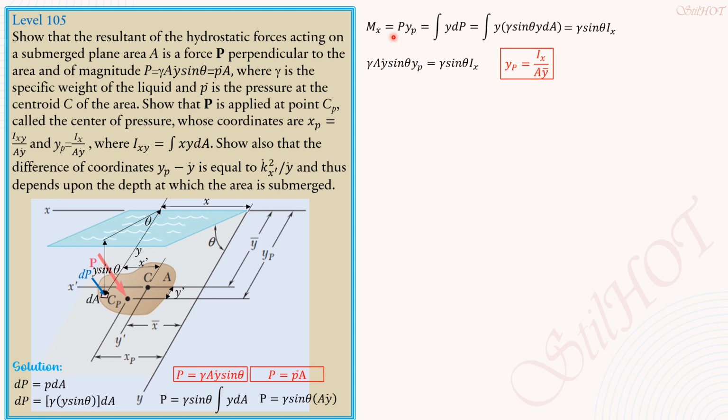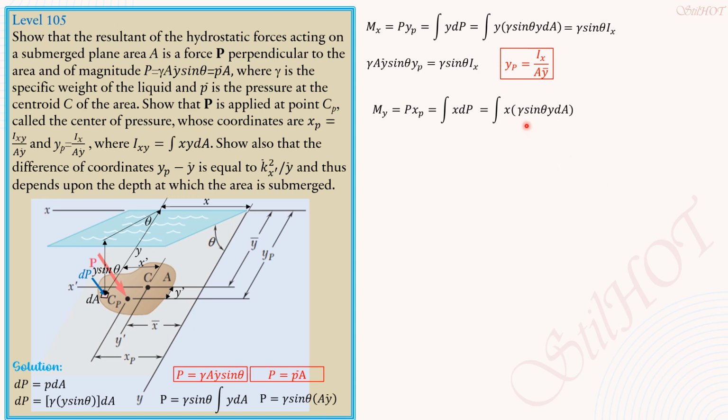Then My is P times x sub p, and it is equal to integral of x differential P, because the distance of differential area from the y-axis is x, then dP is equal to gamma sine theta y dA, integral of gamma sine theta y dA.